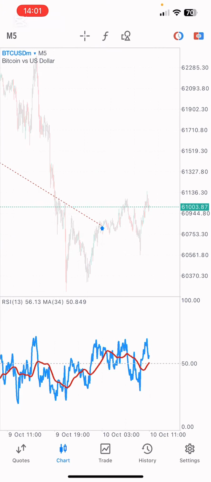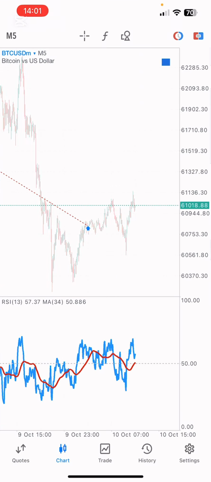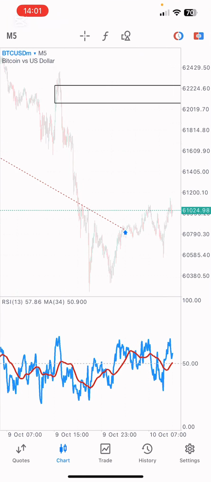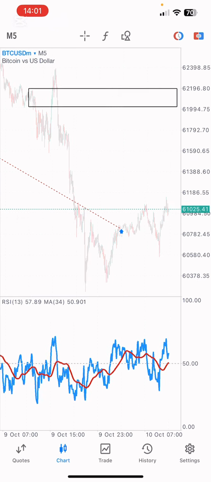The next question that was asked was where to set your take profit. Looking at the break of structure, I'll crop this completely. You are going to look at the high. On the 5 minutes, the buyers have been able to push the price up to this level before.